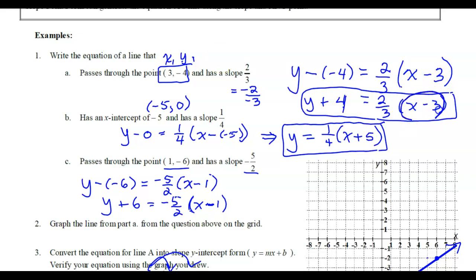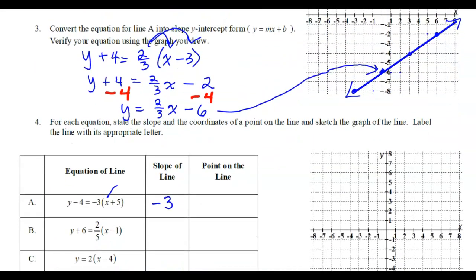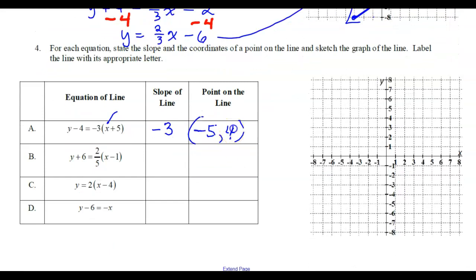The 3 makes that bracket 0. The -4 makes this left side 0. So that's how you can tell. Here it's going to be -5 for x and +4 for y. Opposite signs of those constant terms.